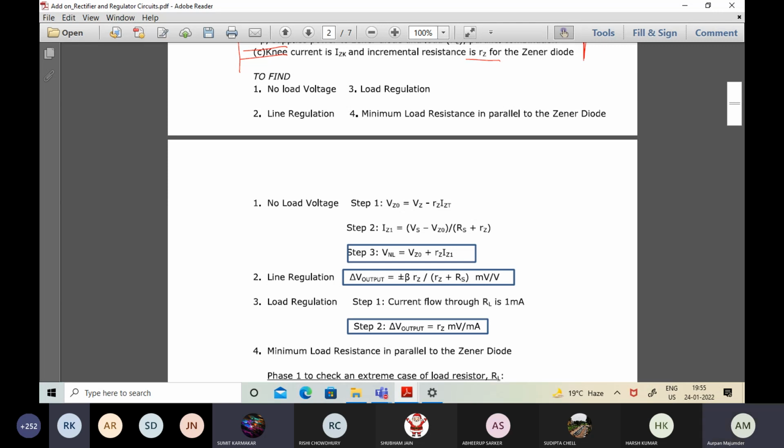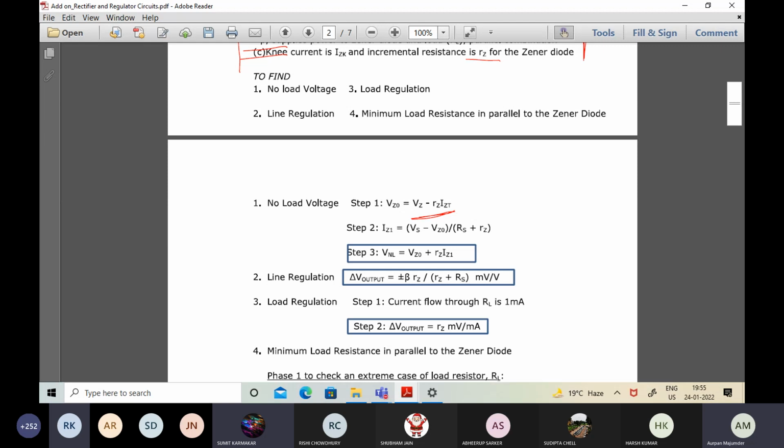Now the point is, when we talk about this no load voltage, we are disconnecting the load resistance RL and we are keeping only the Zener in the corresponding circuit. So according to the specification sheet, we have the value of VZ, we have the value of RZ, we have the value of IZT. We have all these 3 values according to the specification sheet given in this problem.